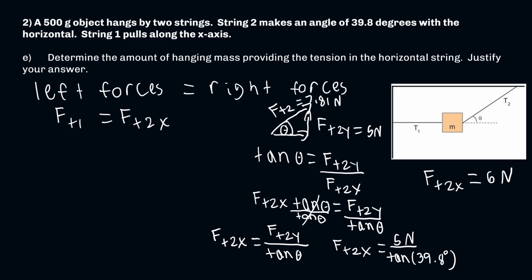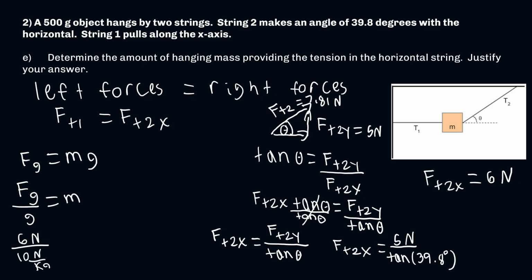So again, if you want to find a mass and you have a force that is based on the force of gravity, we can go back over here. Fg equals mg. You want to find the mass, so whatever force you have over g equals m. So we have here 6 newtons divided by 10 newtons per kilogram equals my mass.